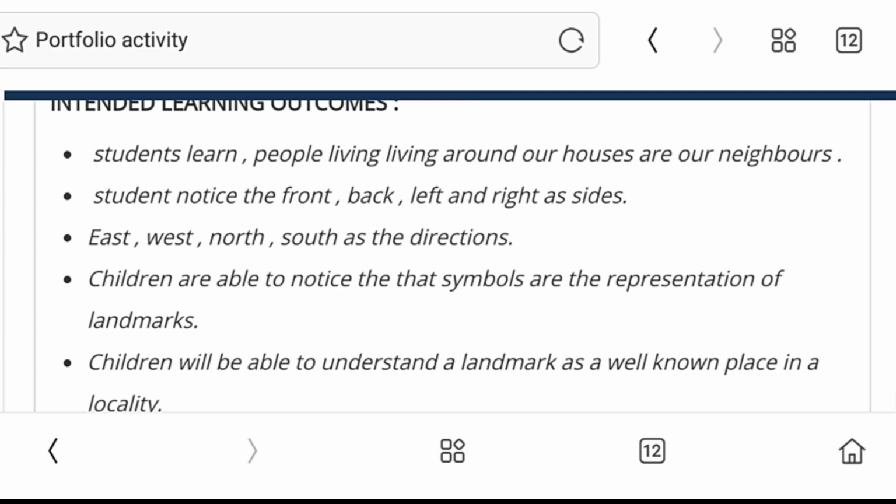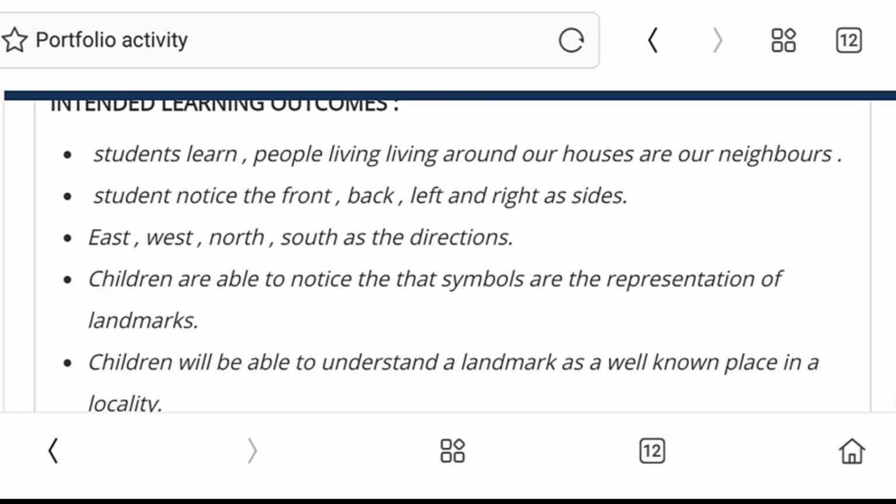Children will be able to understand a landmark as a well-known place in the locality. These are our intended outcomes for this portfolio of Pedagogy of Social Sciences.